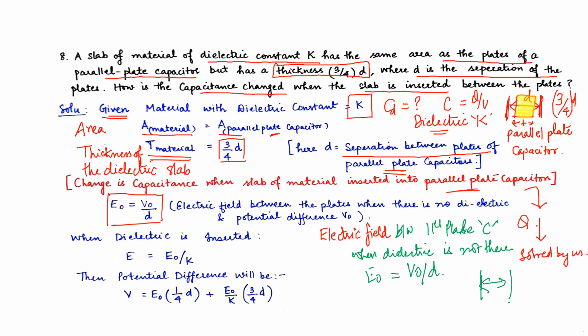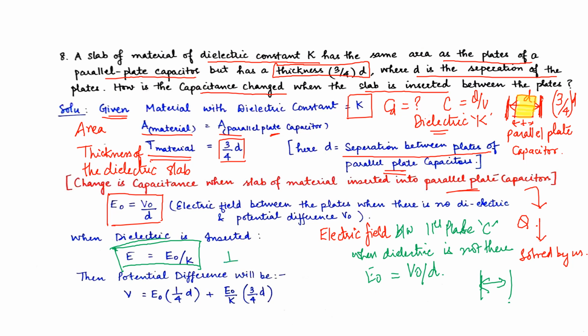When the dielectric is inserted, the change we observe is that the electric field becomes E naught upon K. It gets influenced by the dielectric constant.